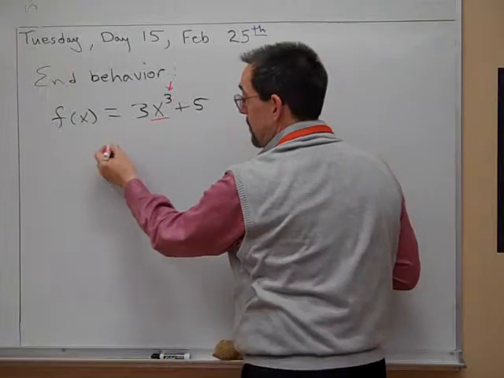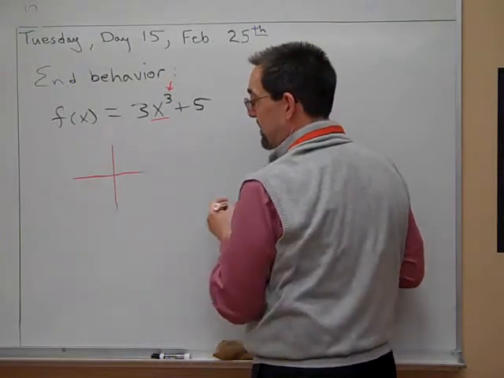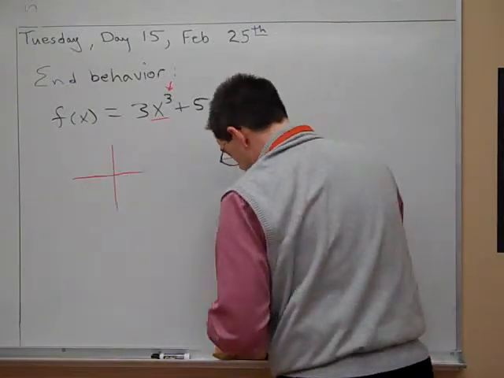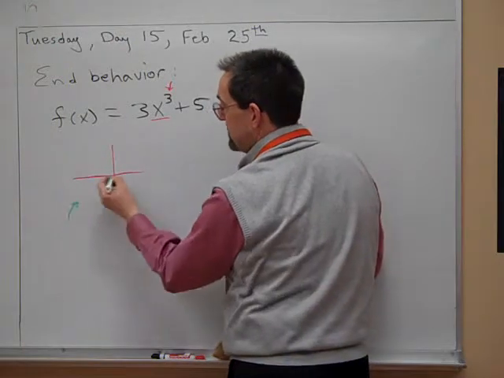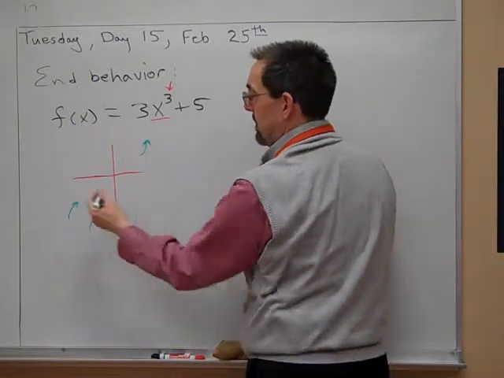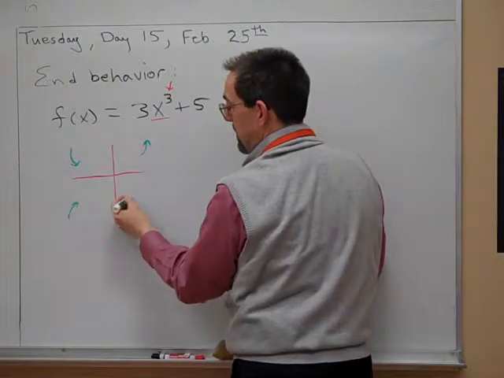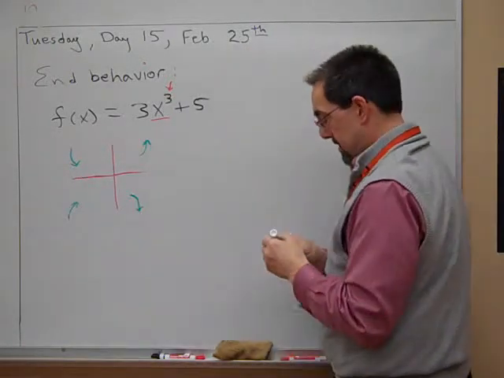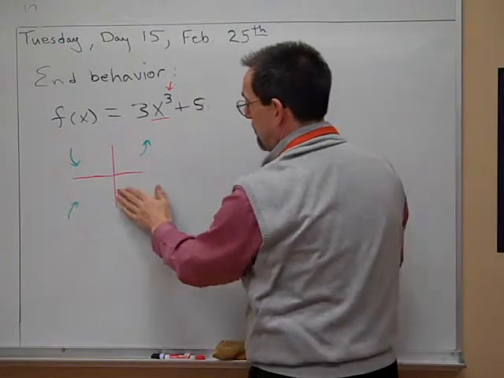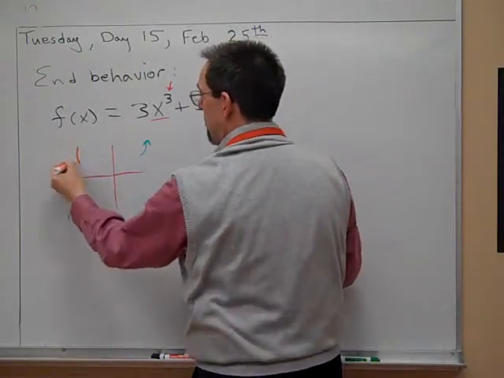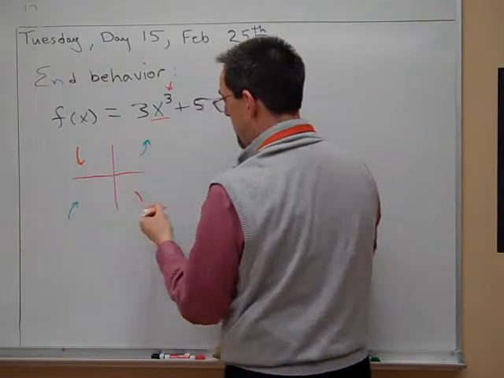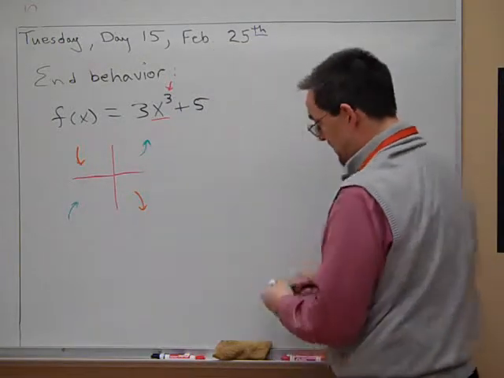So we're going to draw a grid like this, and we know, because it's an odd function, it's either going to go like this, and like that, or like that, and like that. So we have the odd function.